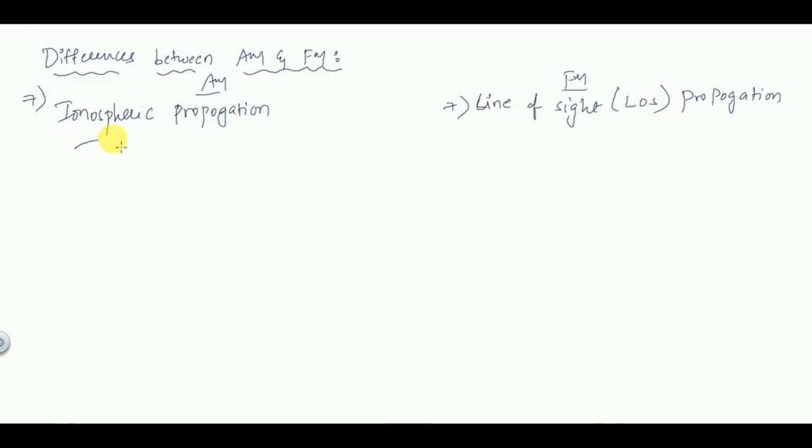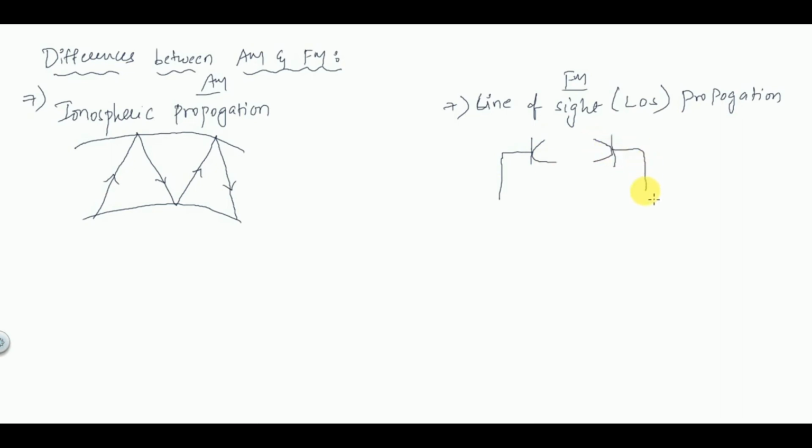Okay, ionospheric propagation means we'll send signals and they will travel by reflections. Long distance travel is possible, so this propagation is called ionospheric propagation. And line of sight propagation, if there is a transmitter like this and a receiver like this, they should see each other.